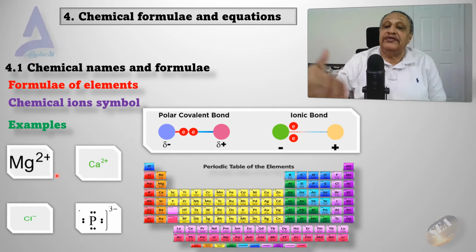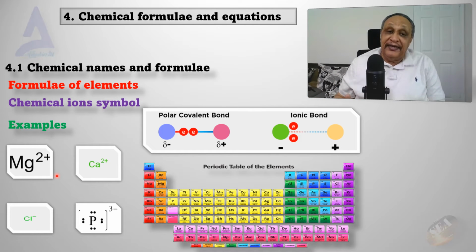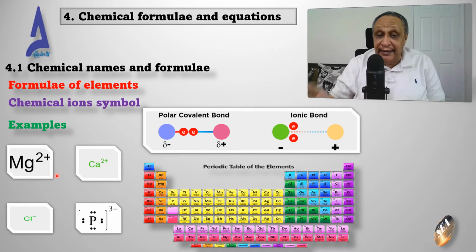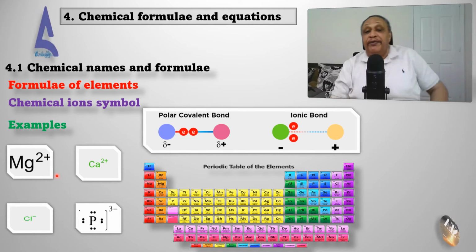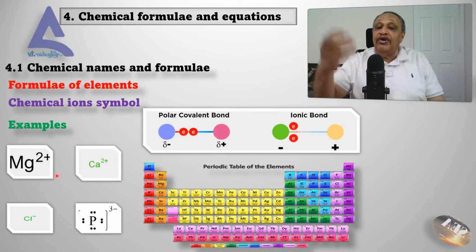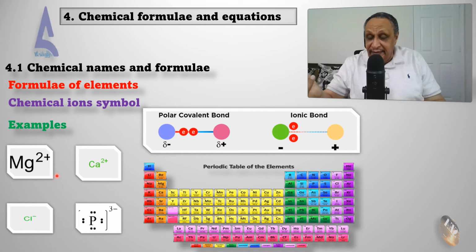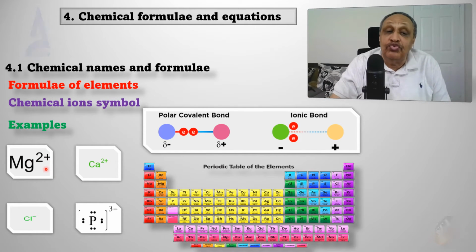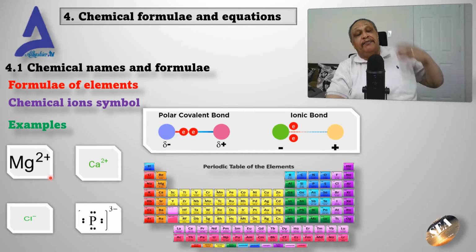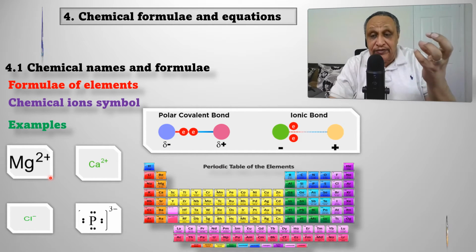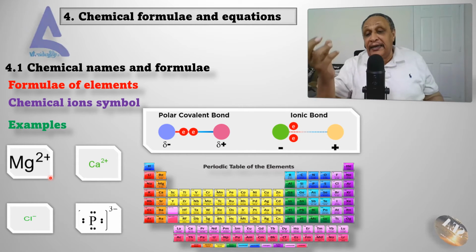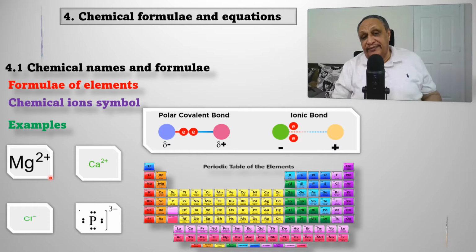Electrons will be lost during the reaction, so the protons are going to be more than the electrons in this ion, and this is why it is 2+, because the positive charges, which are protons, are more by 2 than the electrons.